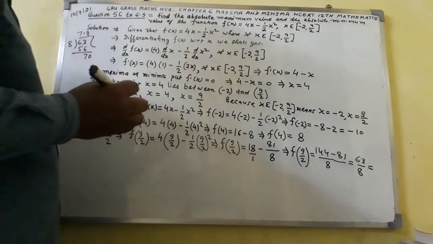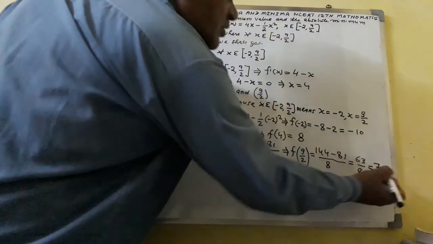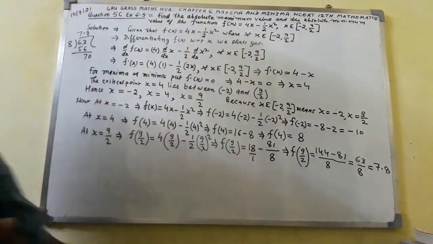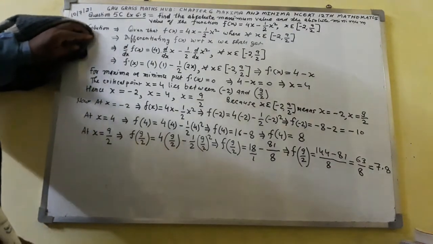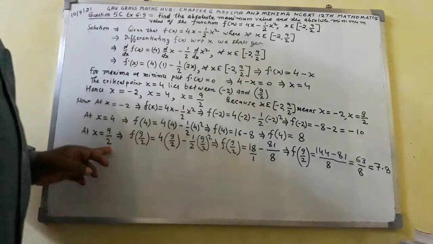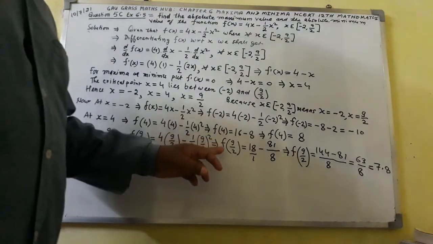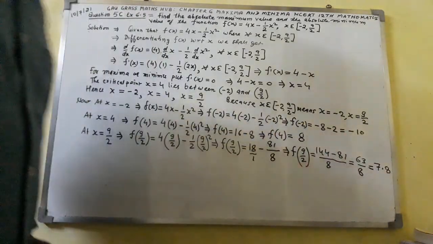We will get 7.8. We have got 7.8. Now check the values. When x equals 9 over 2, then we have got f of 9 over 2 equals 7.8.